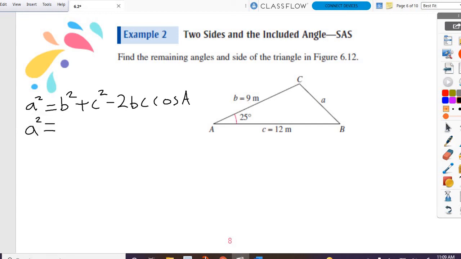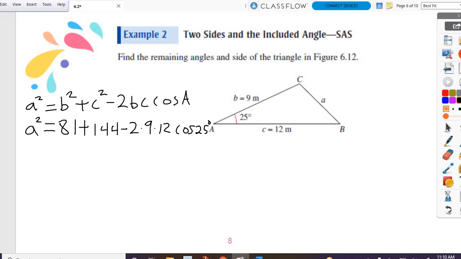So B is 9, so 9 squared gives us 81, plus C squared is 144, minus 2 times 9 times 12, cosine of 25 degrees. When we're solving for a side first, it's actually a little bit easier because we don't have to do as much subtracting.